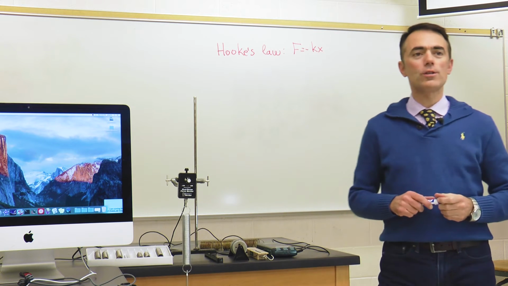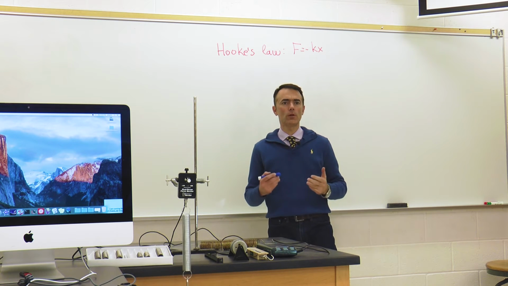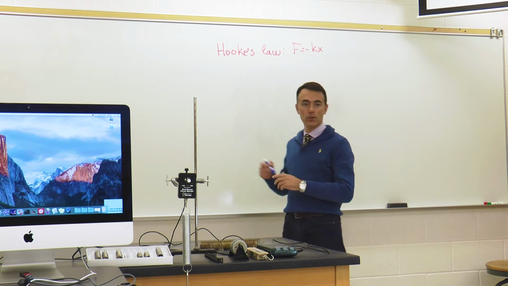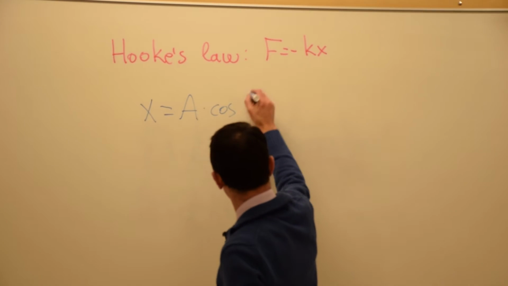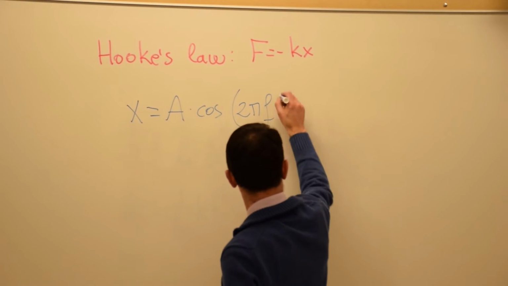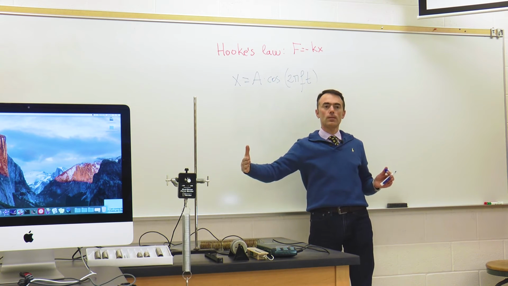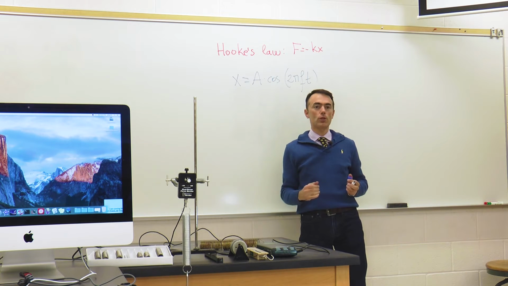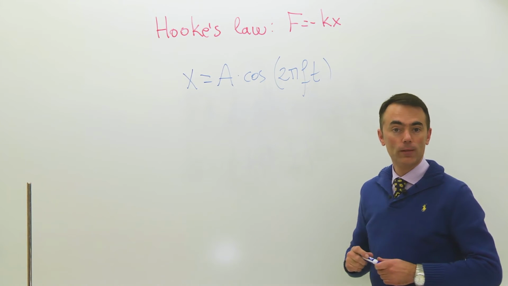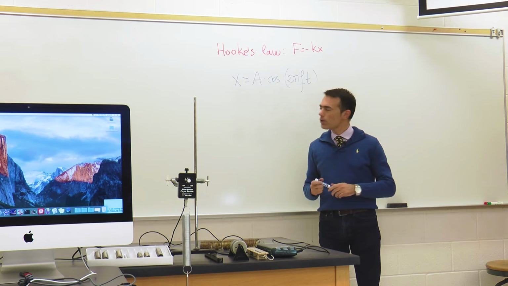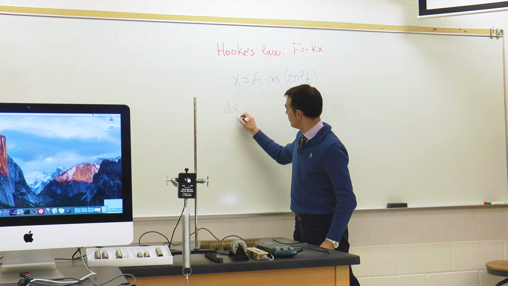For any periodic oscillatory motion, just like the spring, you can describe the position of the object by this equation, where A is the amplitude, the maximum distance that the extreme of the spring is going to achieve, and f is the frequency of the movement. If we want to calculate the velocity, we only have to differentiate this expression.